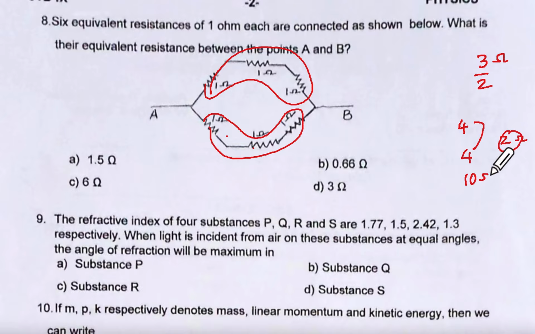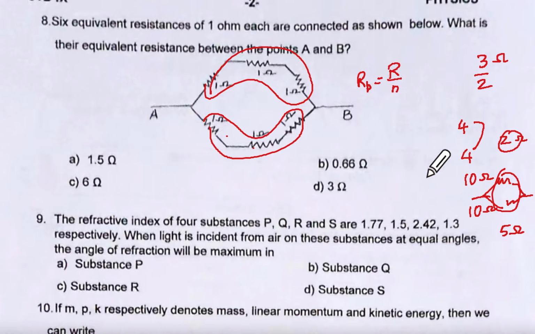If it is 10 ohm and 10 ohm, if they are in parallel like this, then the total equivalent resistance will be half of it, like this. Remember, the equal resistors in parallel, it is given by this Rp.